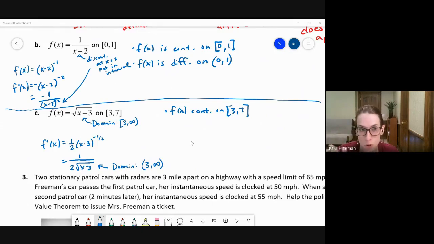And then I'm going to pose the question to you. Is the function differentiable on the interval we are interested in?